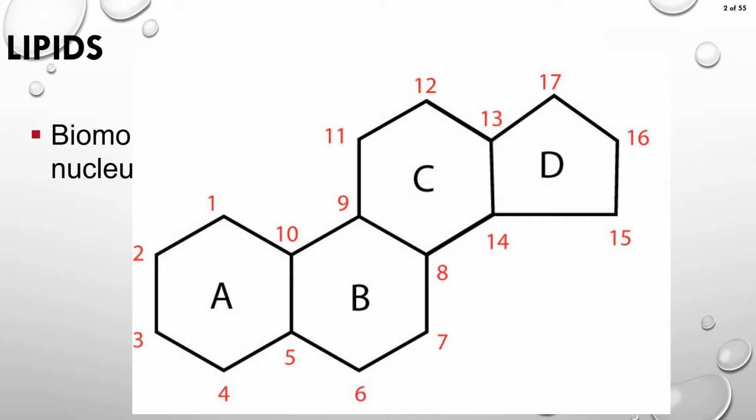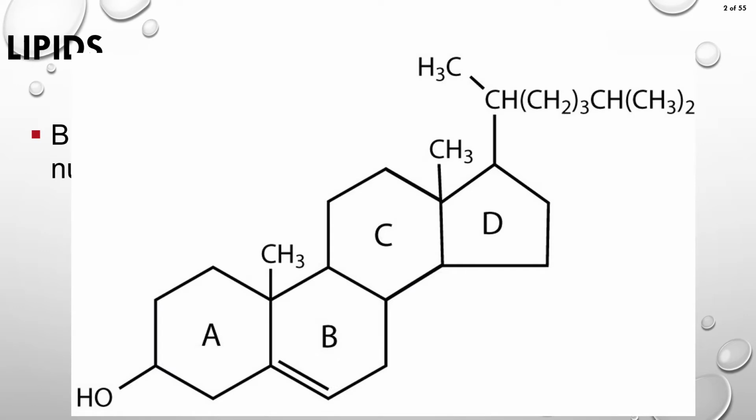This tetracyclic skeleton consists of three fused six-membered rings, you have the A, B, C, and one five-membered ring, and that's D. If you count the number of carbons in a steroid nucleus, there are 17 carbons. A very important example of a steroid is cholesterol. This is how cholesterol looks like. So cholesterol is a steroid.